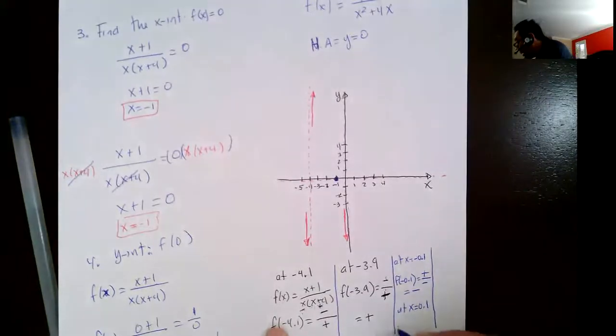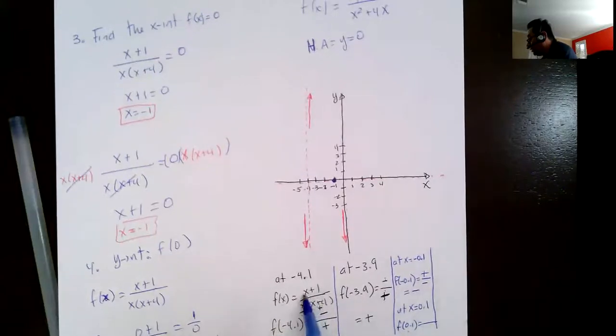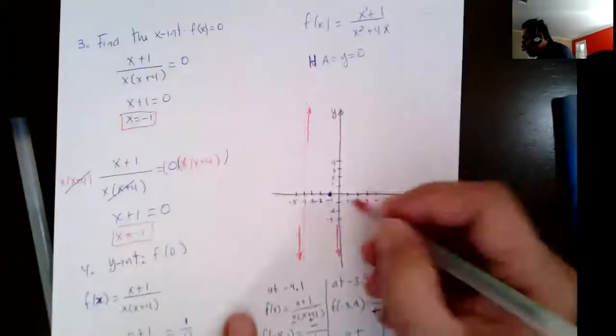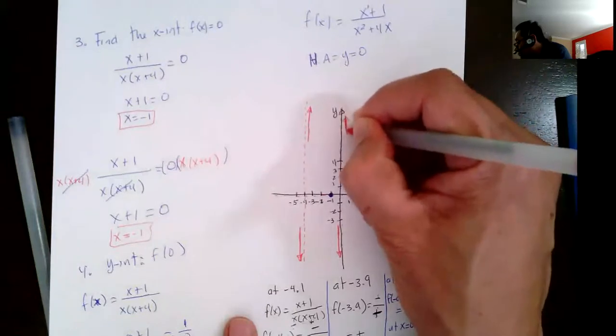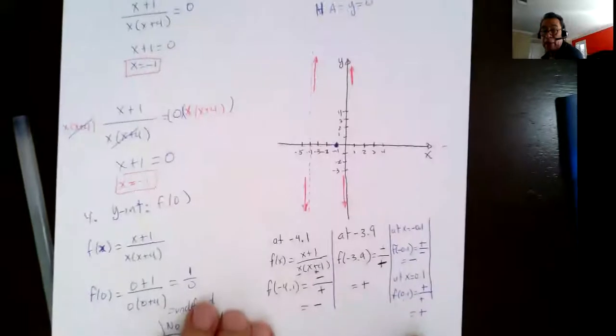So what is f of 0.1? Let's find the signs here. If we plug in 0.1 here, in the numerator I have a positive, and in the denominator we have what? Positive. So we have a positive, right? So here, to the right of 0, we have a positive. Is that clear? Okay, now I'm going to show you a shortcut, you guys.